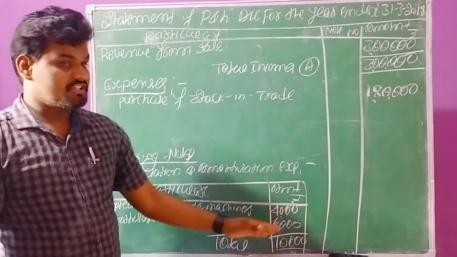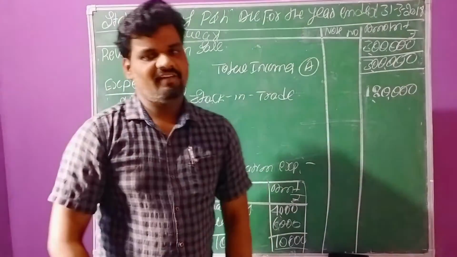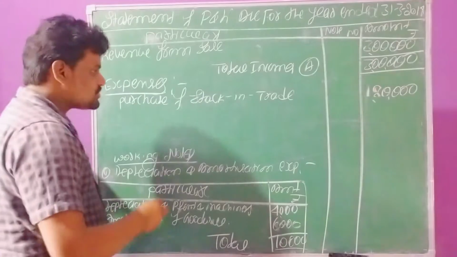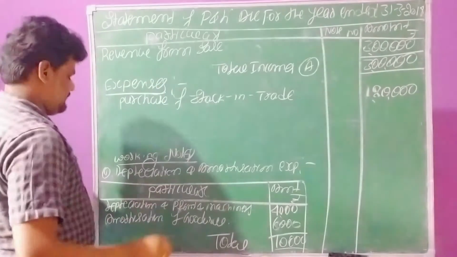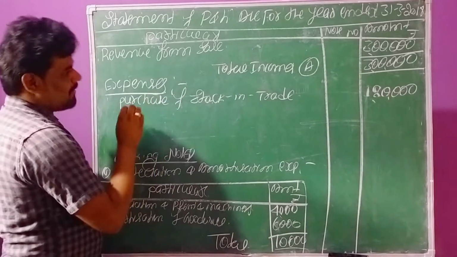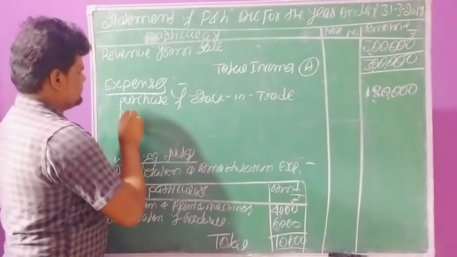Two or more transactions means we need to apply the working notes. So these notes you have to record under the expenses, depreciation and amortization expenses.